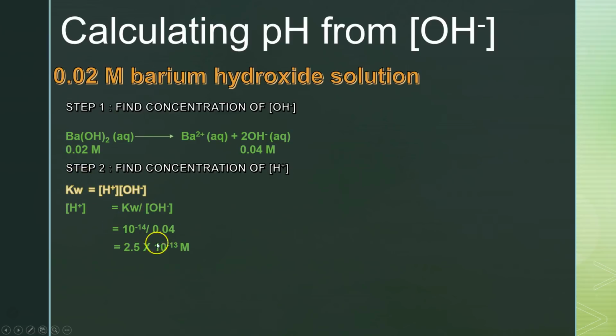Put in the values, water ionization constant divided by the concentration of hydroxide ion. The third step is basically finding the pH. Since you have already gotten your concentration of hydrogen ion, from now on it should be easy. It's basically negative log concentration of hydrogen ion, and the value is 12.6. Okay.